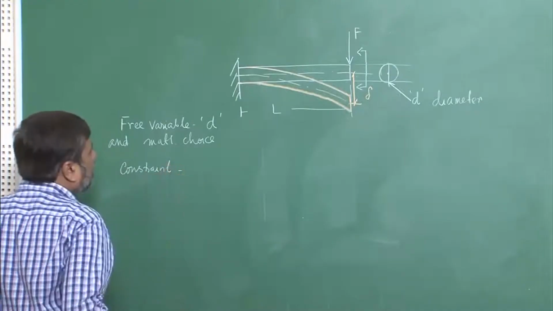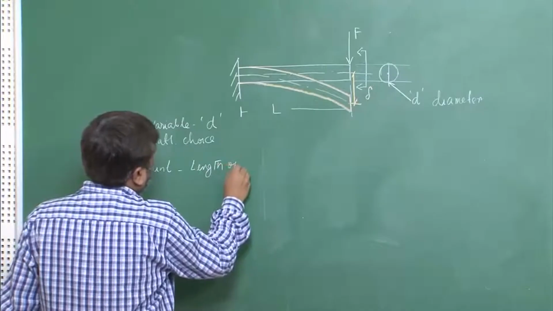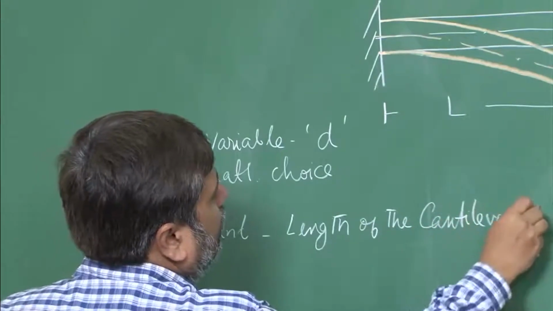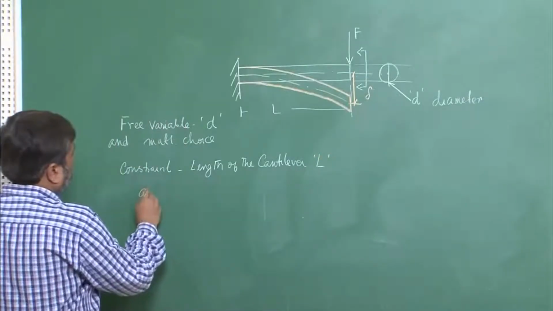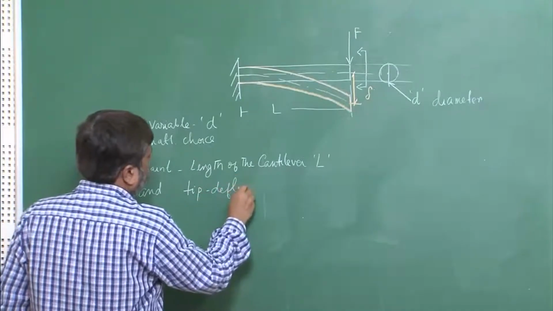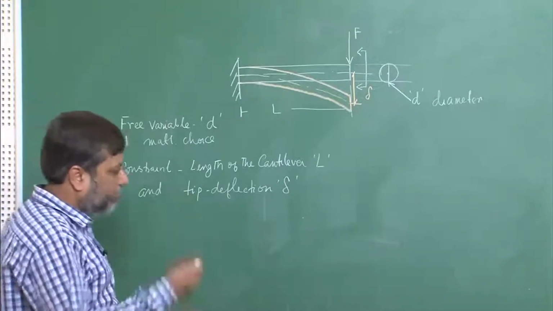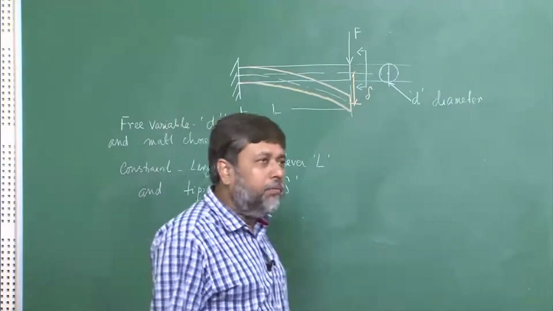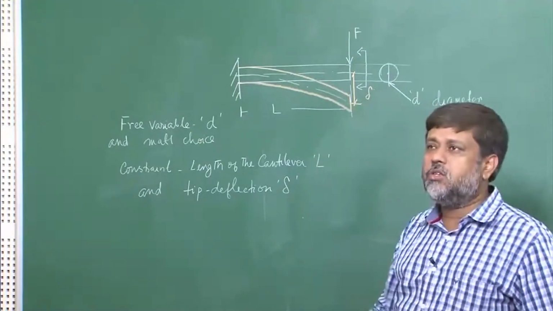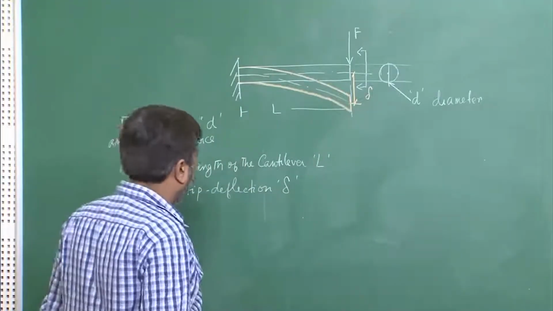What we cannot play with: length of the cantilever, L, and tip deflection, delta. We cannot play with these two. If the deflection is too high, then that cantilever beam will be unusable, and if the length changes, then also functionally it becomes unusable. Of course, that force F it has to carry.